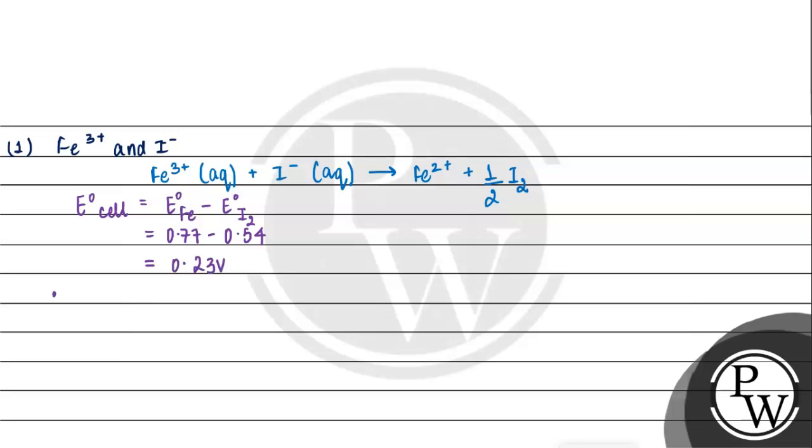So we can conclude that E° cell is positive. So ΔG will be negative according to this equation, minus nFE cell. तो हमें हमेशा E° सेल अगर पॉजिटिव होगा तो हमारा ΔG नेगेटिव होगा.